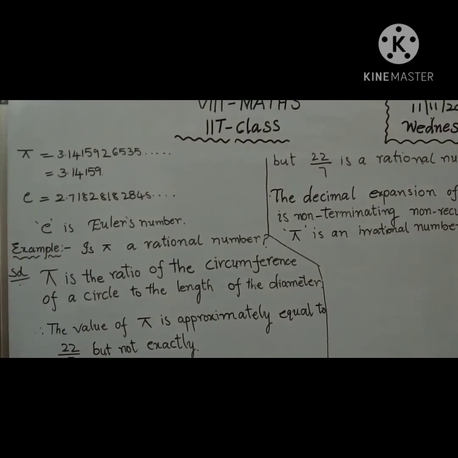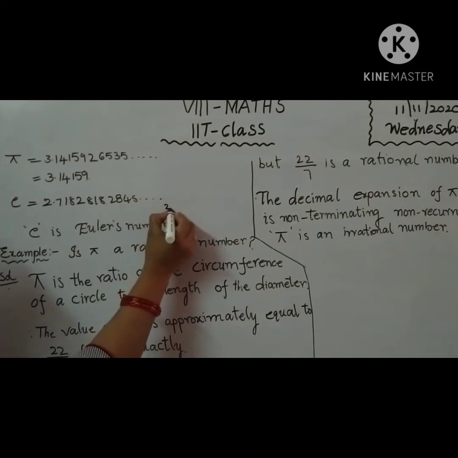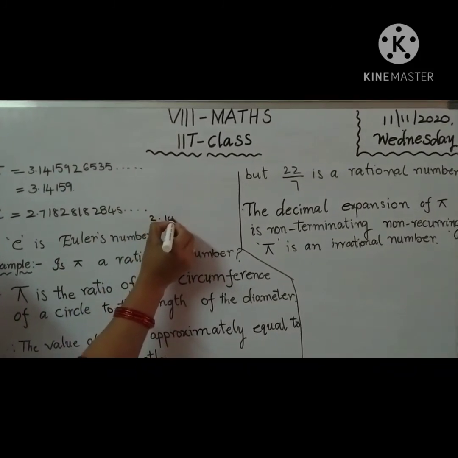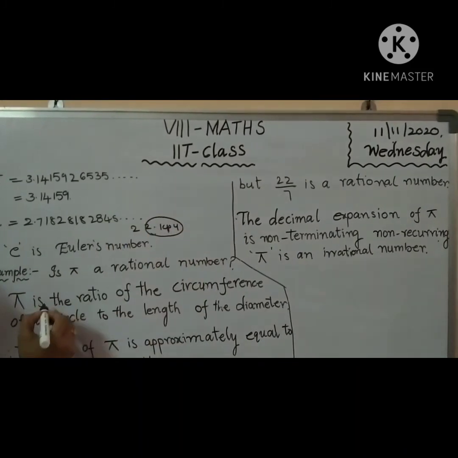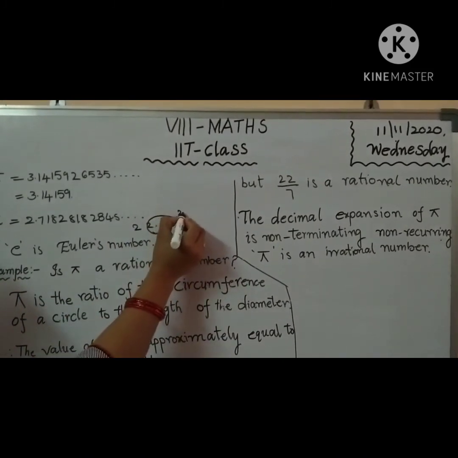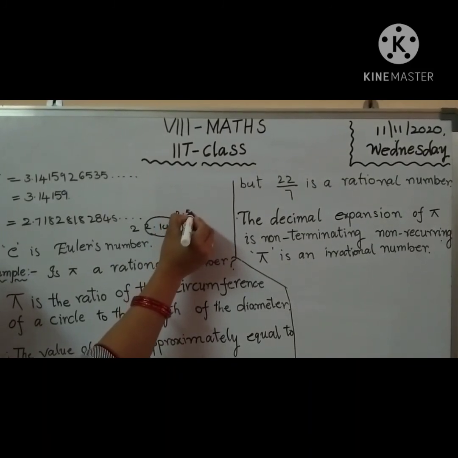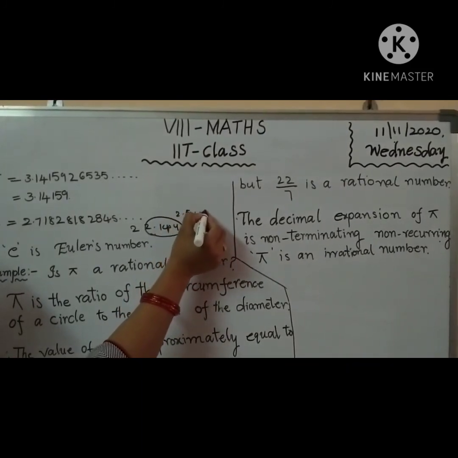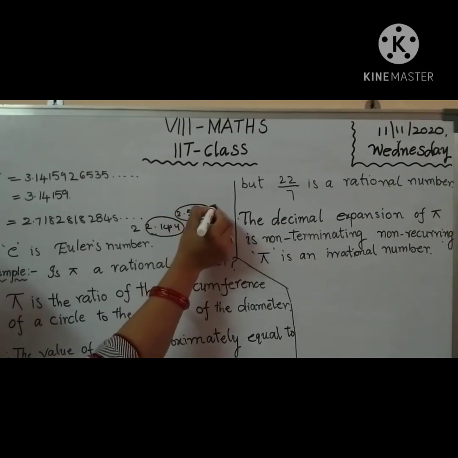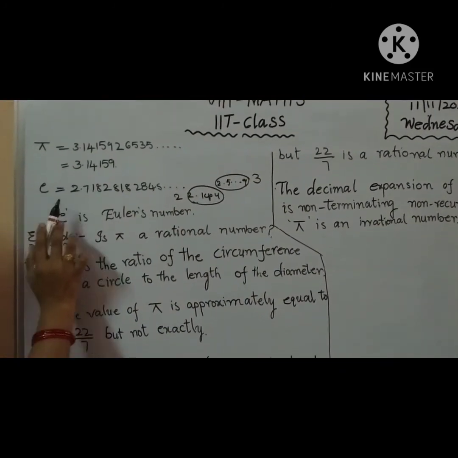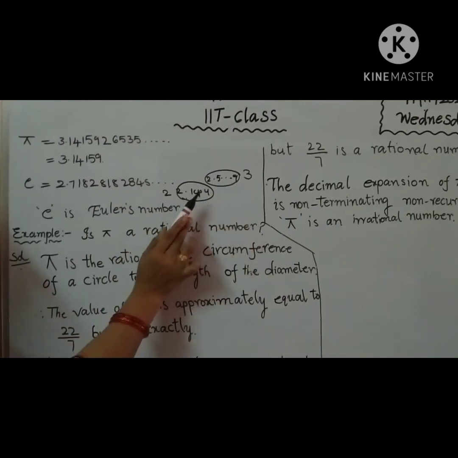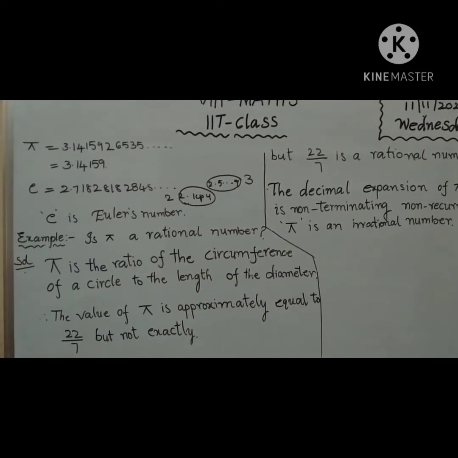Because in this case, for example, 2.1 up to 4 means consider to the value of 2, and 5 or more and so on up to 9 consider to 3. So the Euler value lies between 2 and 3. Did you understand, children? Okay.